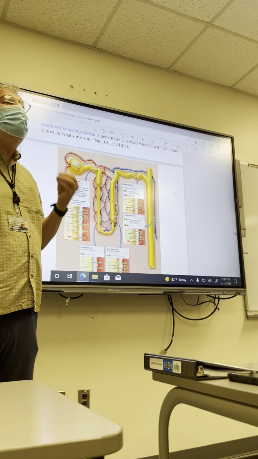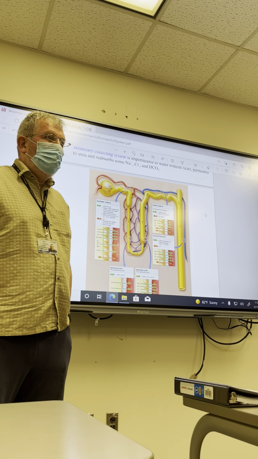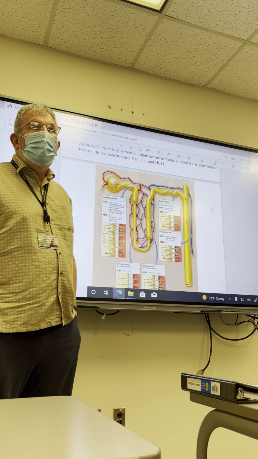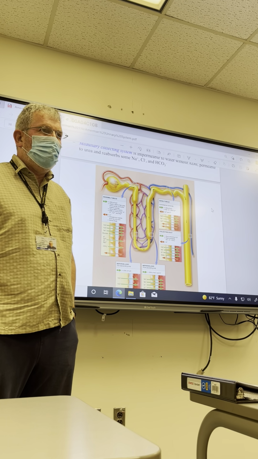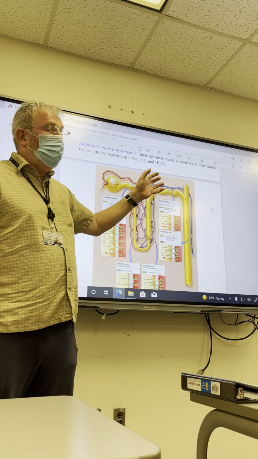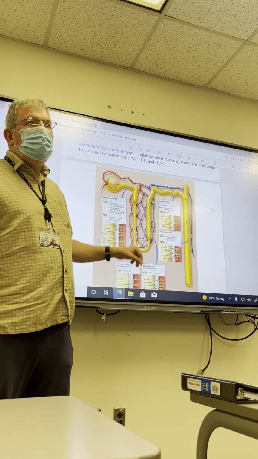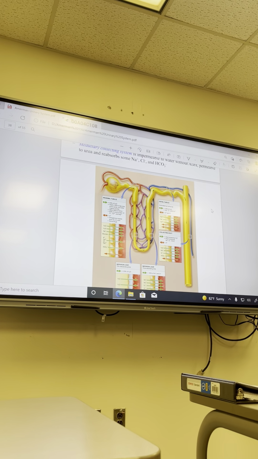So we have two very different limbs of the nephron loop, an ascending and a descending limb, that have very different properties. The descending limb, and I'll go over this multiple times here, is permeable to water.